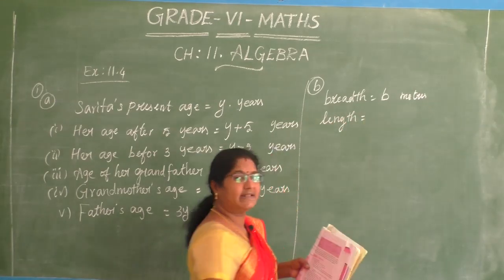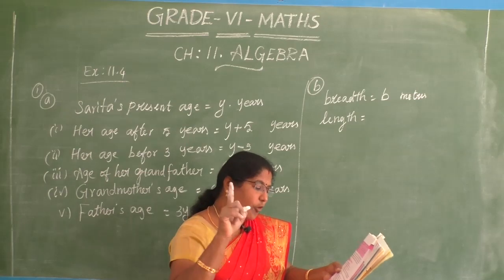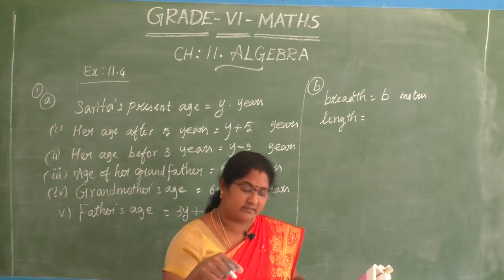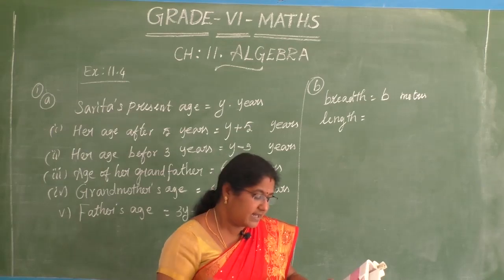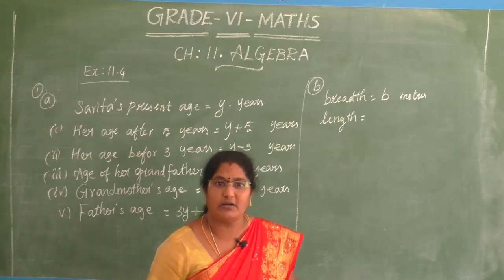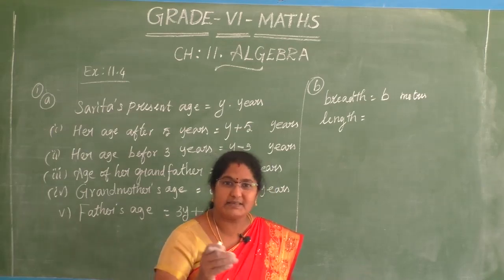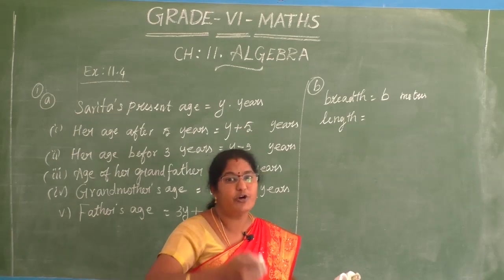How is the length given? 4 meters less than 3 times the breadth of the hall. From 3 times the breadth, subtract 4 meters.